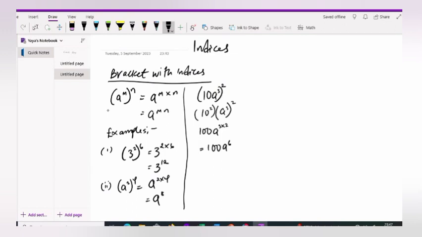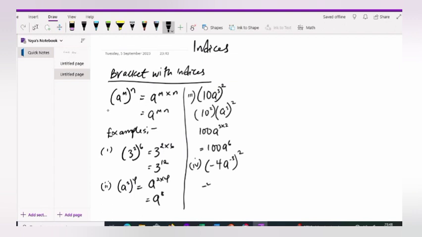Let us look at the last one on this particular rule, number 4. The question says minus 4 a raised to power minus 3, all raised to the power 2. Solving this is still simple. Remember, the square is for both minus 4 and a raised to power minus 3, so we can do it like number 3.